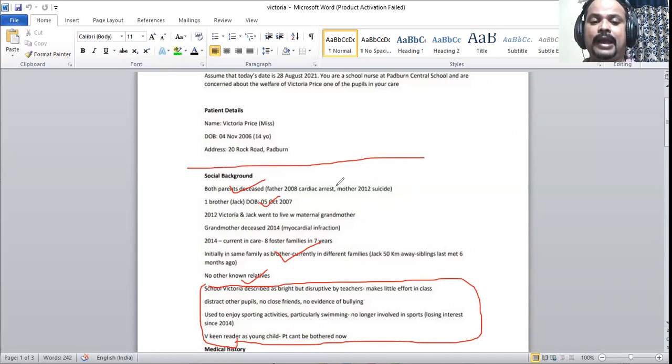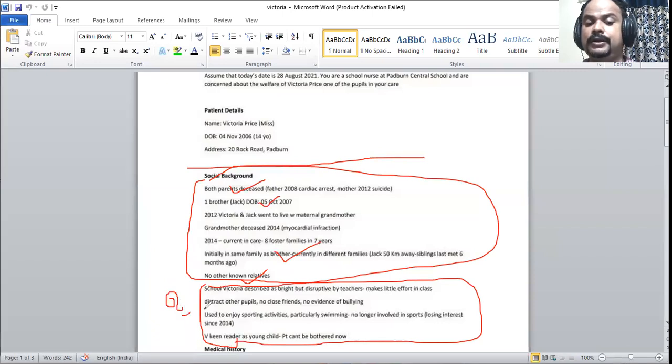I am sure that the doctor knows all this information, but I don't know whether she knows this particular information. So what are Victoria's details from school?